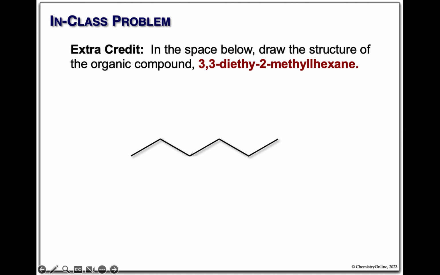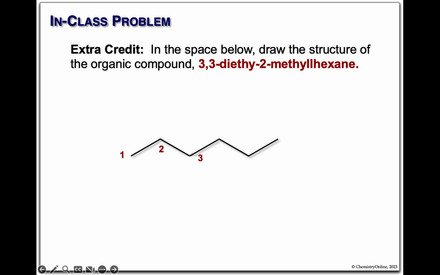Now we're going to choose one end to be number 1, doesn't matter which. That's fine. And that makes this carbon 2 and that carbon 3. According to our name here, carbon 3 has 2 ethyl groups. Remember, an ethyl group has 2 carbons.